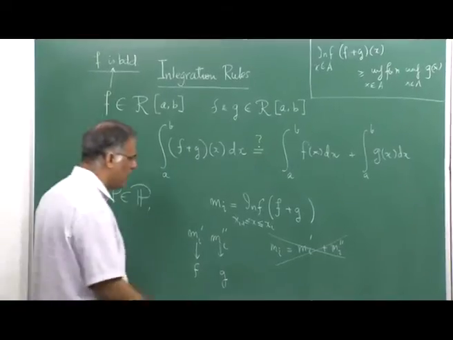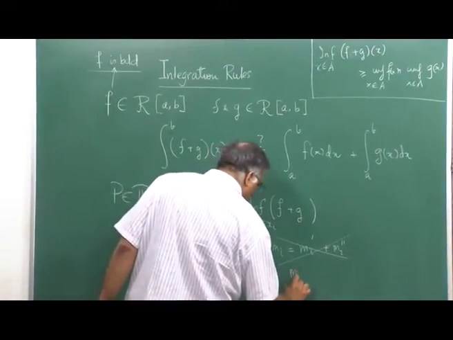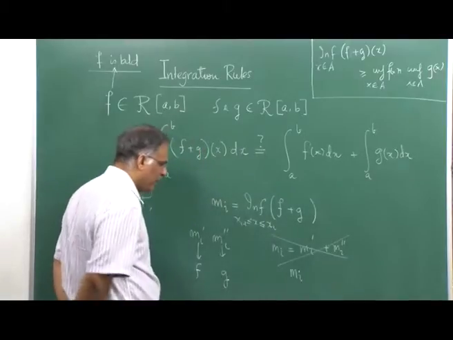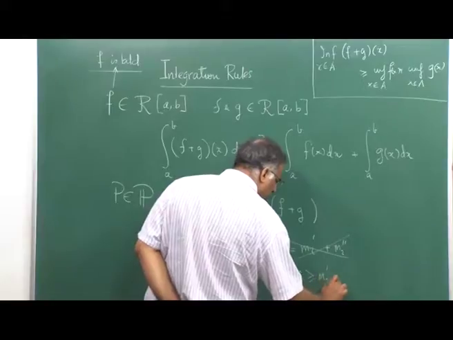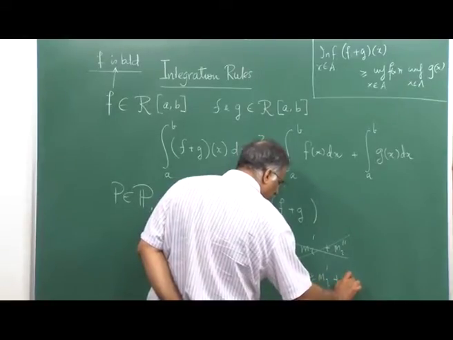So, what I actually have here is that Mi is bigger than Mi dash plus Mi double dash.